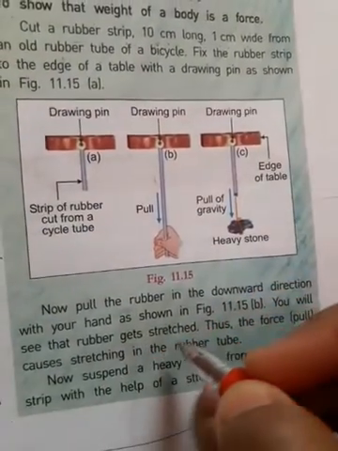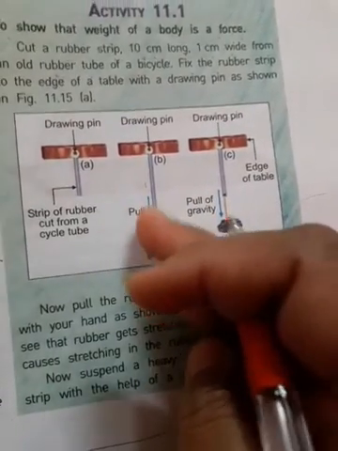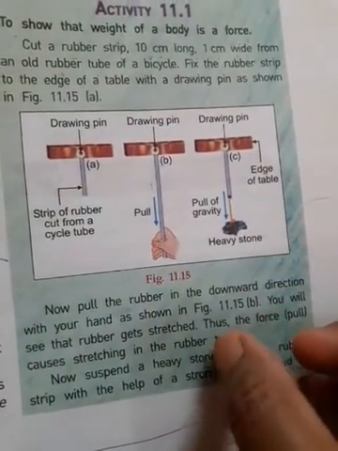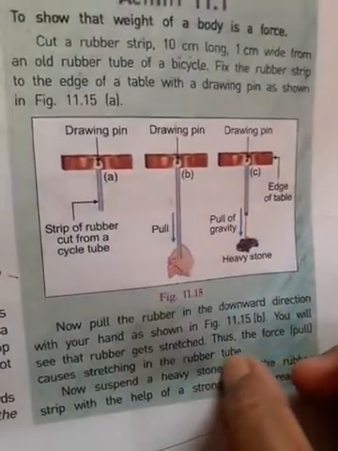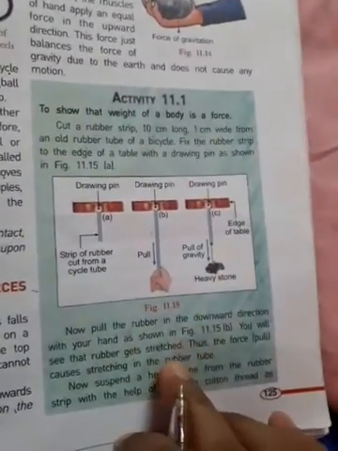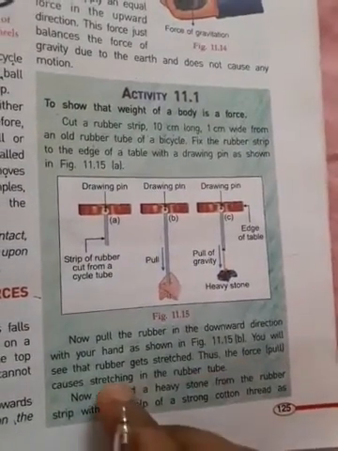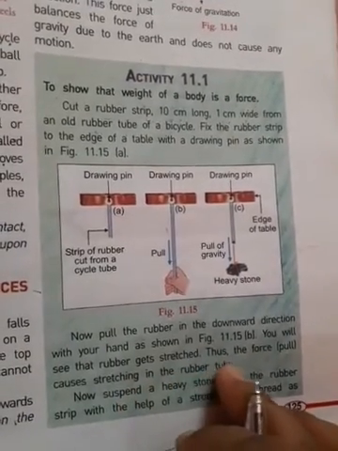You will see that the rubber gets stretched. Obviously it will get stretched, as you can see in the diagram. Thus the force of the pull causes stretching in the rubber strip.